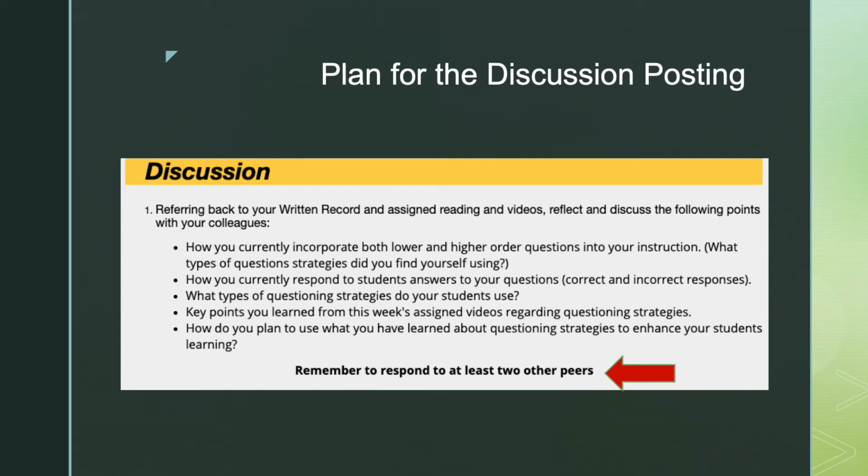So everything is due every other week or on the second week of the module. And if you want to push your discussion posting a little earlier, that would be great, in that it gives others time to respond to you and your time to respond to others. And I think that could be very helpful to you. So kind of think about that. But do remember to respond to at least 2 other peers.